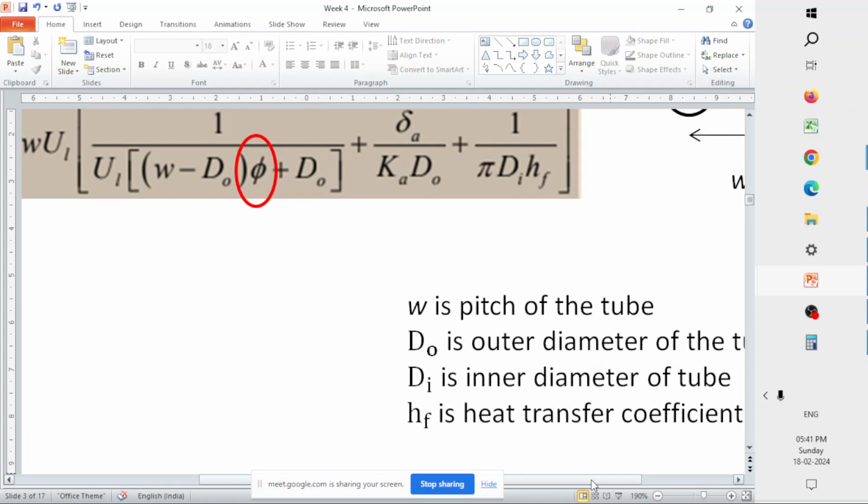hf is nothing but your heat transfer coefficient. When the fluid is going to take up the heat, it will have a particular heat transfer coefficient. So the heat has to be transferred from the absorber plate to the fluid, due to which there will be a heat transfer coefficient term associated with that, and your Di is nothing but the inner diameter of the tube.